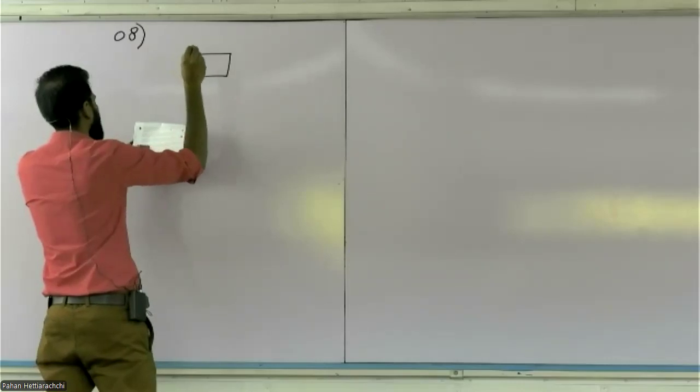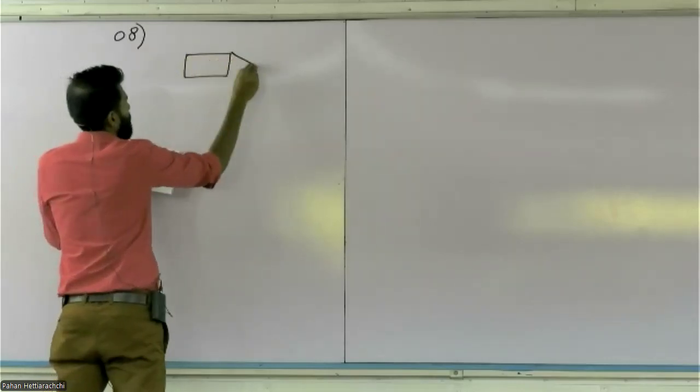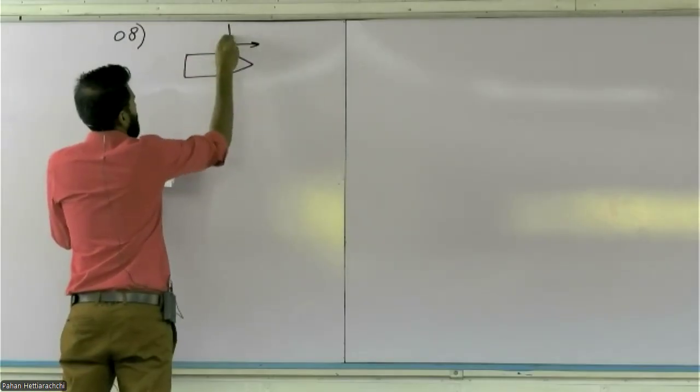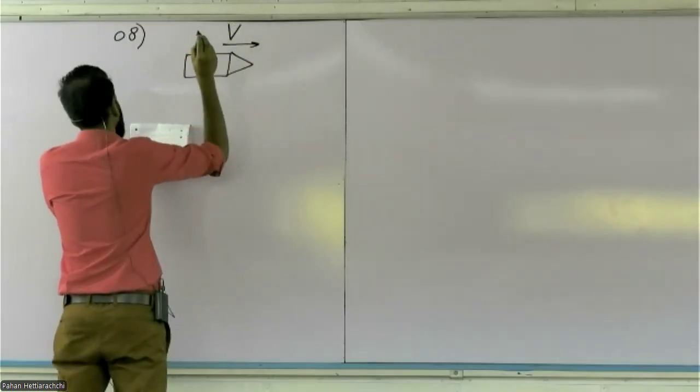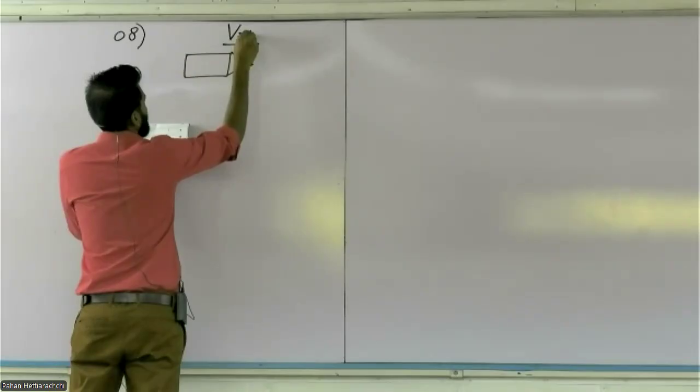A rocket moving in space at 50 meters per second. A rocket is moving in space with a velocity of 50 meters per second.